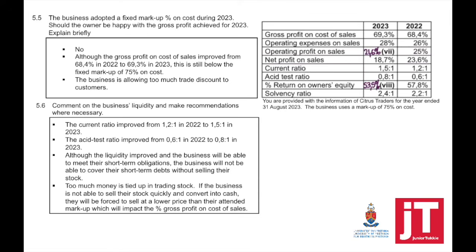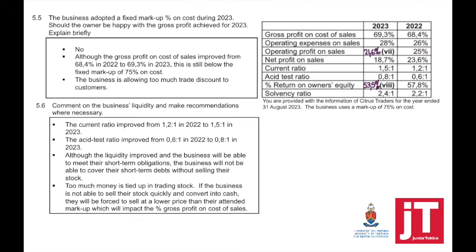Now the more challenging part is commenting, interpreting that. When we look at the current ratio, the business is liquid. The short-term assets exceed the short-term liabilities. But when we take inventories out of the equation, we will not be able to meet our short-term obligations.